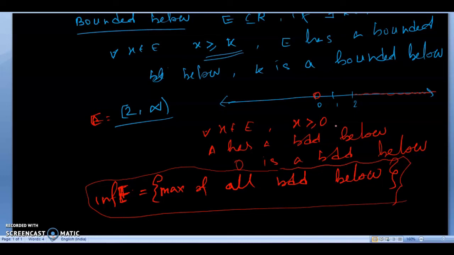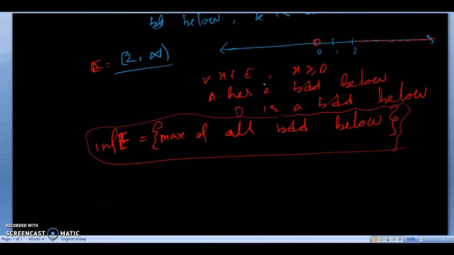Here, what will be the infimum? The infimum will be 2, because if you take all the lower bounds and take the maximum, you will get to this portion. That means 2 is the infimum of E. Clear?